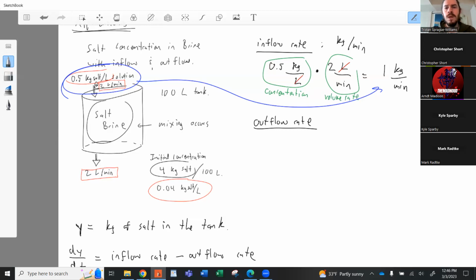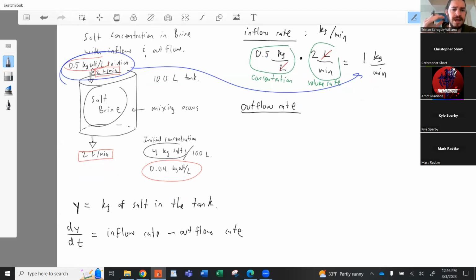But the concentration is a little different, because the concentration is just going to be however many kilograms of salt is in the tank right now, which is our y variable itself. That's how many kilograms divided by the total volume of the tank, which is 100 liters, right?